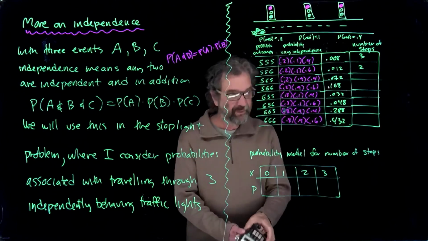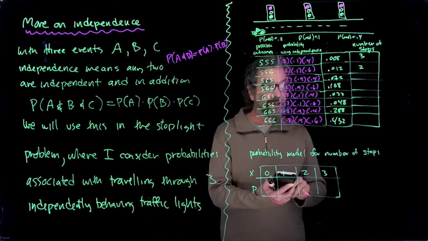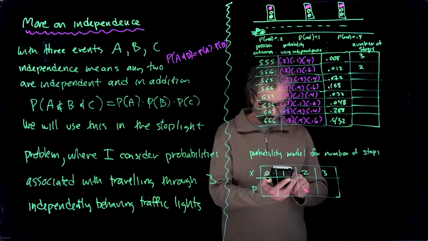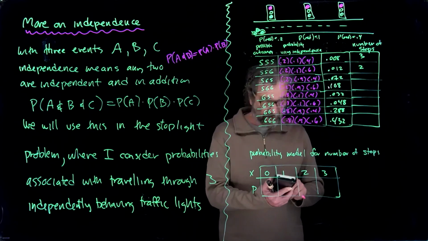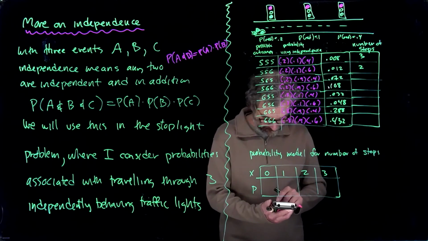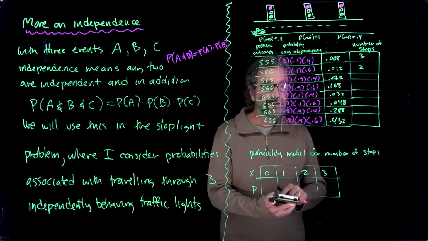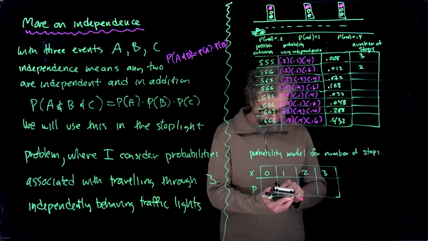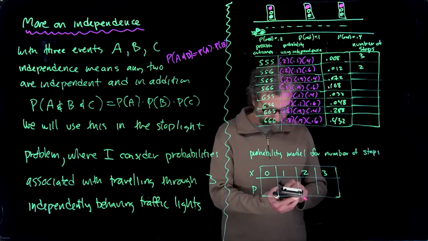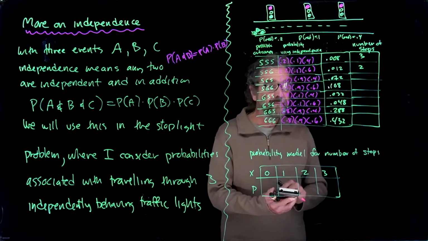Okay, and then the double check on this. 0.008 plus 0.012 plus 0.072 plus 0.108 plus 0.032 plus 0.048 plus 0.288 plus 0.432.